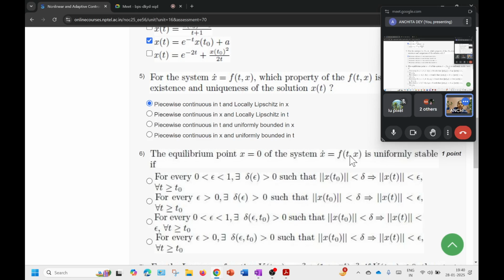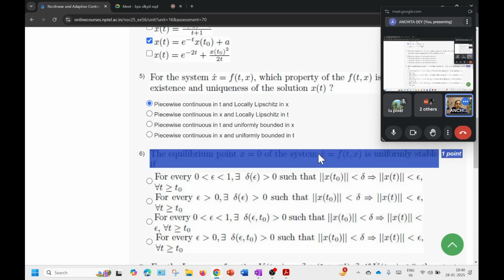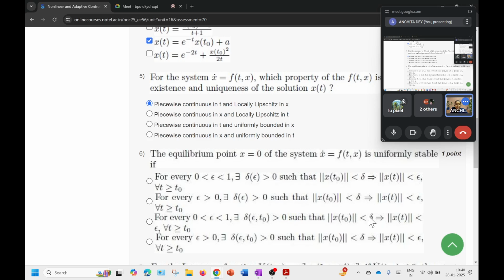Now once you come to non-autonomous systems, if you see the system dynamics, x dot equal to f of t, x, we have a t component.